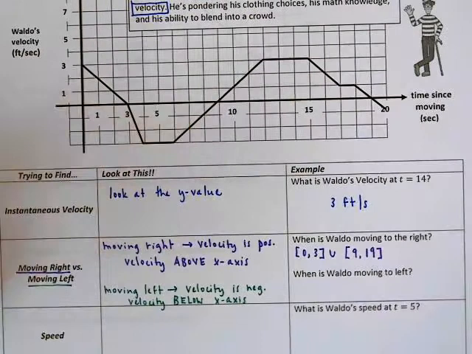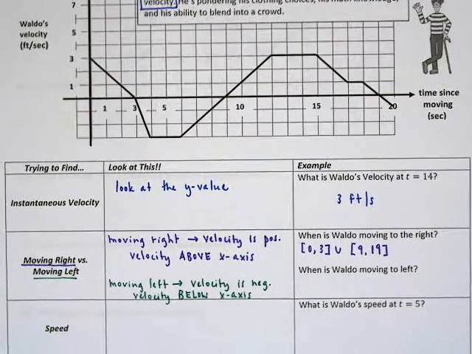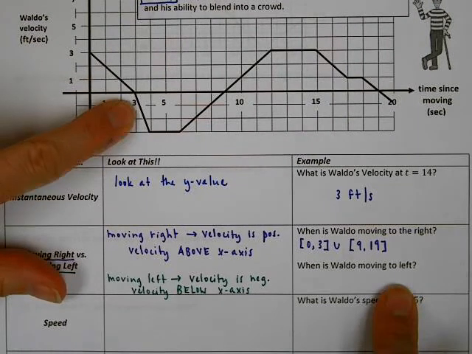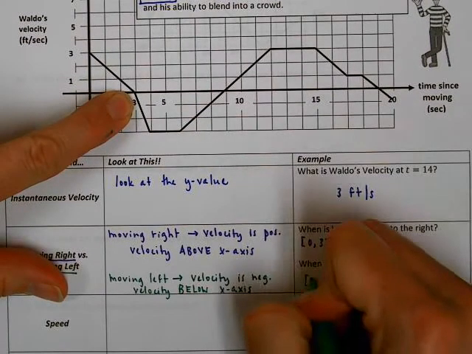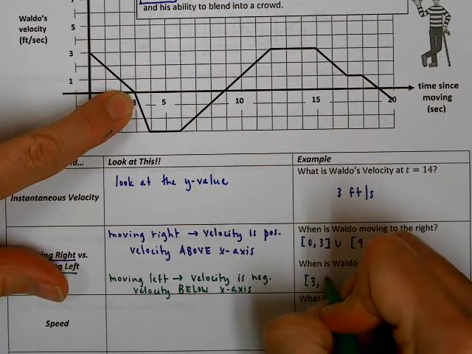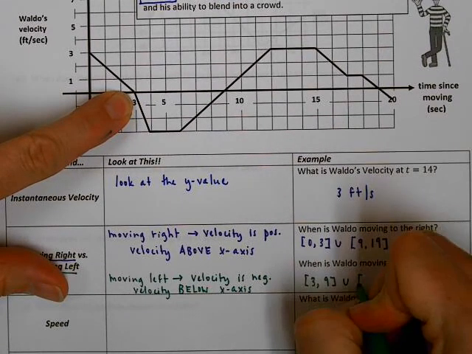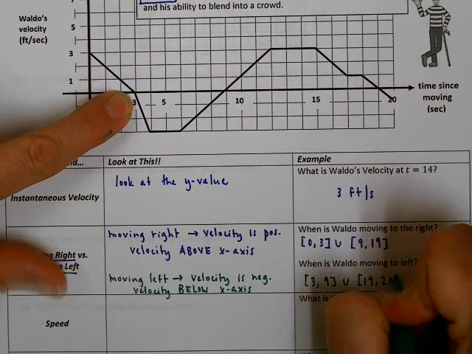We won't worry about justifying here. We'll go through that in some of the other examples later in the video. So then moving to the left is where I'm below. So I am below here from 3 to 9, and then again from 19 to 20.